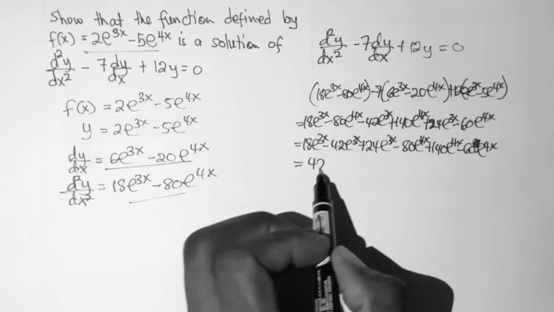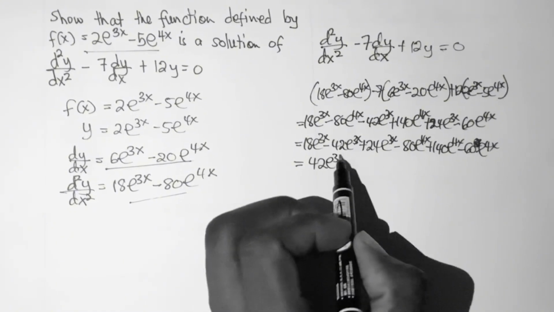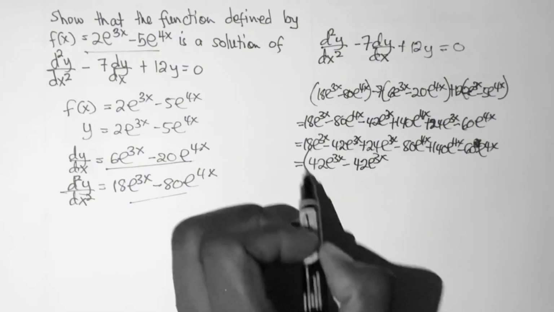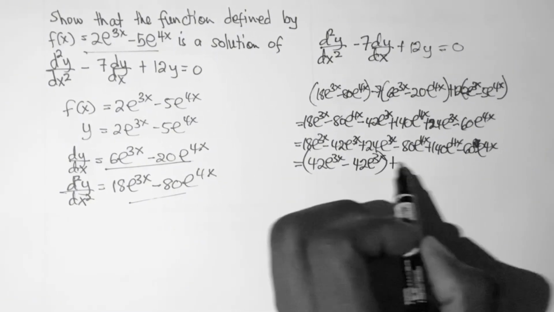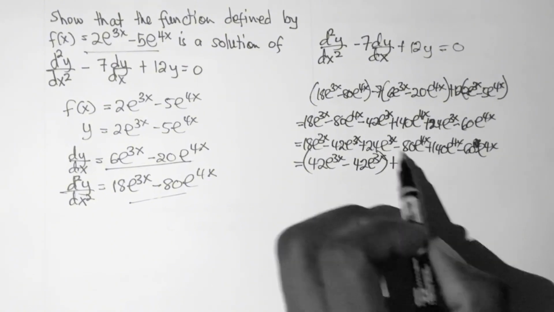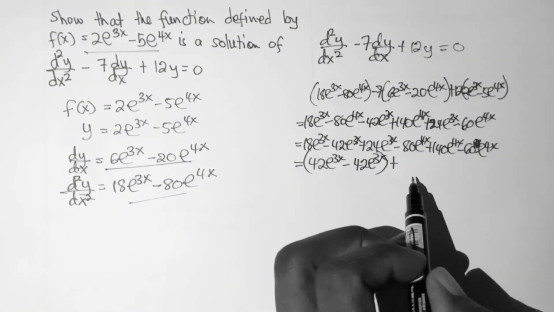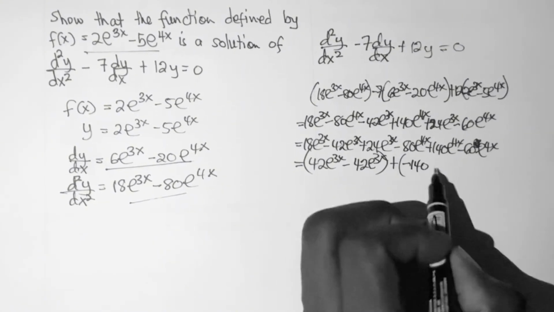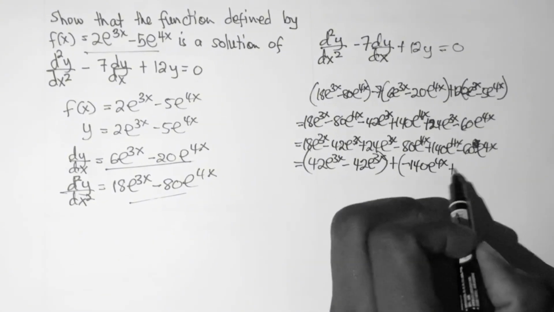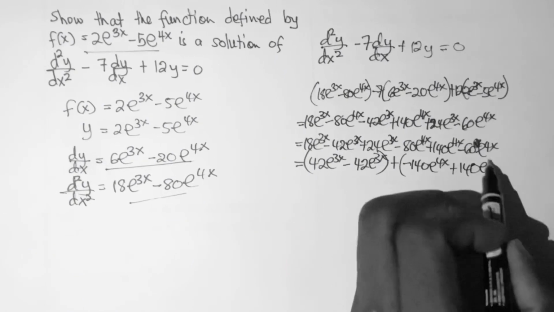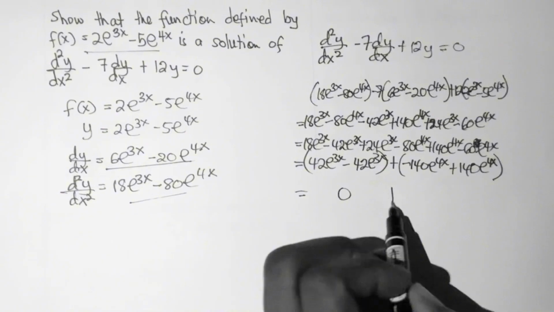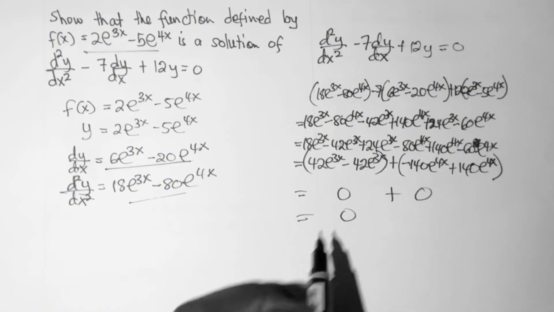So here becomes 42e^(3x) minus 42e^(3x) in one bracket, then plus. Now minus 80 minus 60 is minus 140e^(4x) and plus 140e^(4x). So you see that here is 0 plus 0, which is equal to 0.